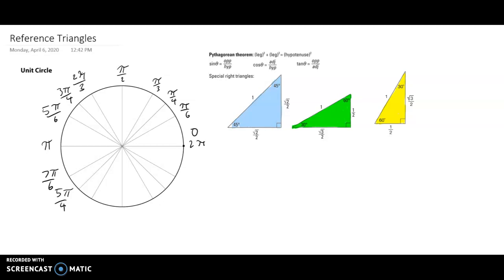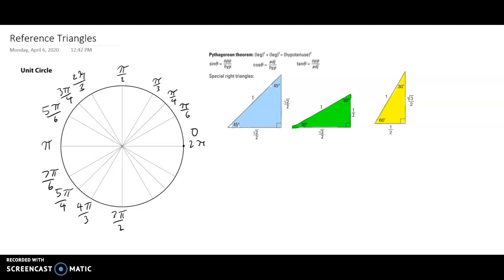Let's see, this will be 4 pi over 3. This would be 3 pi over 2. So now all of these fractions should be greater than 1 because we're over 1 pi. So now we got 7 pi over 6, 5 pi over 4, 4 pi over 3, 3 pi over 2.